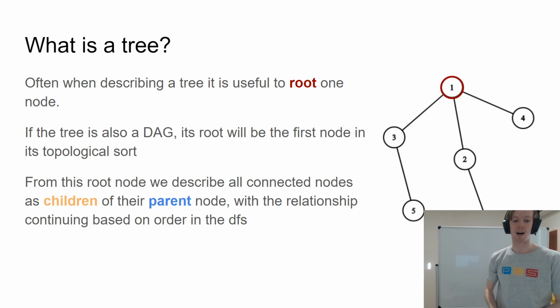From this root, we then label the nodes that come out from the root as the children of that node, and the root is the parent node in that case.